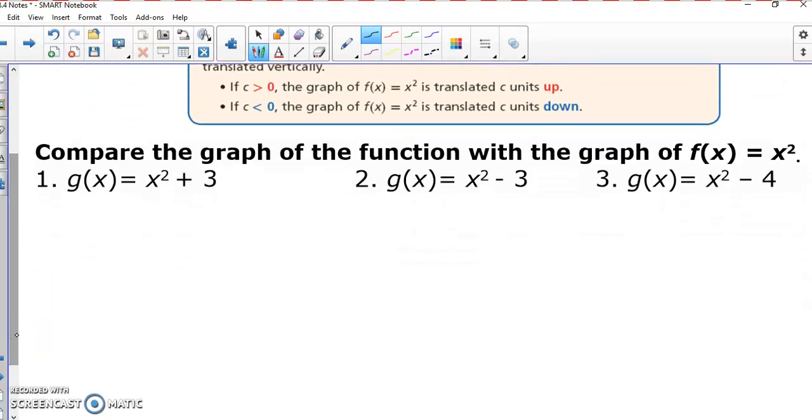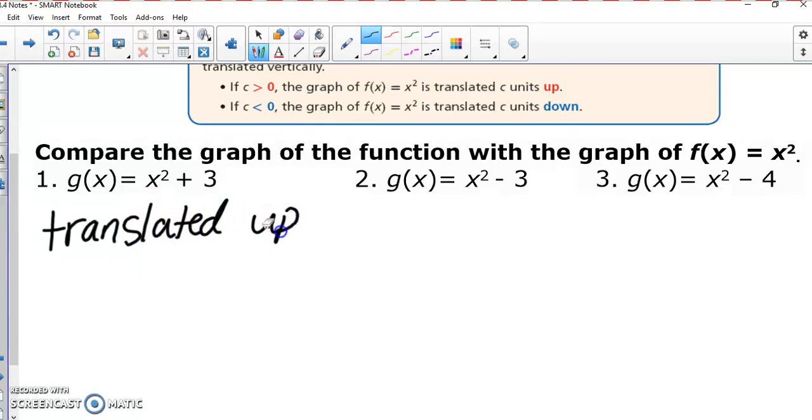So here on this one, when we're comparing it to what it started with, that x squared didn't change at all, but the 3, and it's a positive 3, so we would say that this translated up, it just slid up 3 units. Okay, compared to where it started at as just x squared.